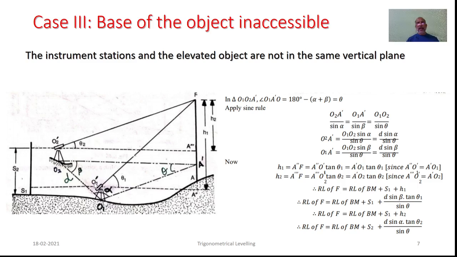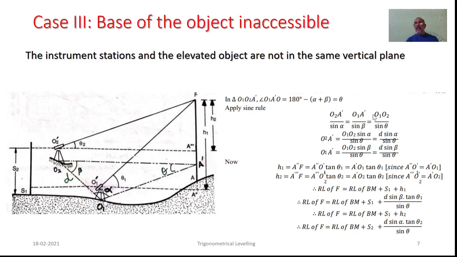So in this particular triangle, we do not have O1 A dash or O2 A dash, but we do have alpha, beta and this D. Hence, as we apply the sine rule to it, we get O2 A dash by sine alpha equal to O1 A dash by sine beta equal to O1 O2 by sine theta.